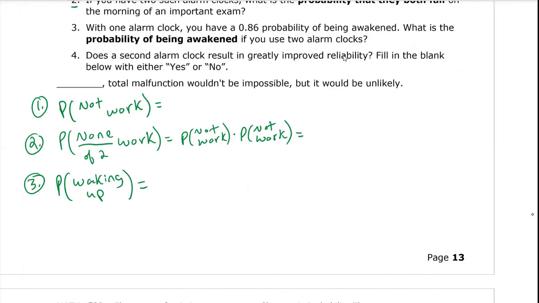So basically that means at least 1 alarm clock worked. And you can piece together how you'll use your answer for number 2 to get the answer to number 3. Okay, we'll give you a few seconds to work those out, and then you'll come back to the video and you'll see the answers.